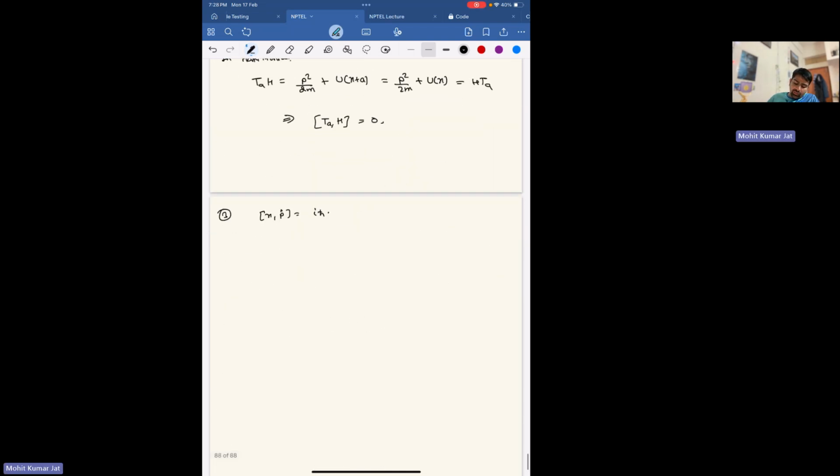How can you get it? P you can write as minus i h bar d by dx, and then you can write XP minus PX basically.